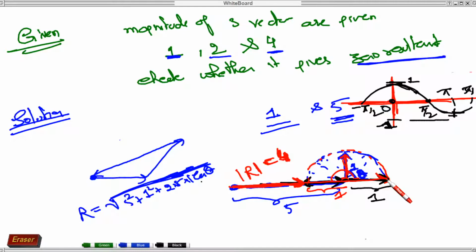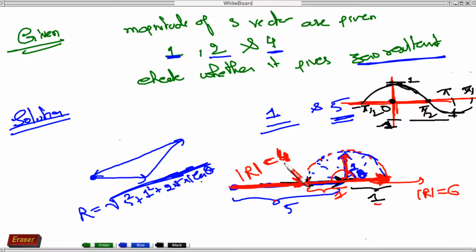Don't get confused because I'm overwriting it. In this scenario the resultant is the line joining them, which is 5 plus 1, equal to 6.